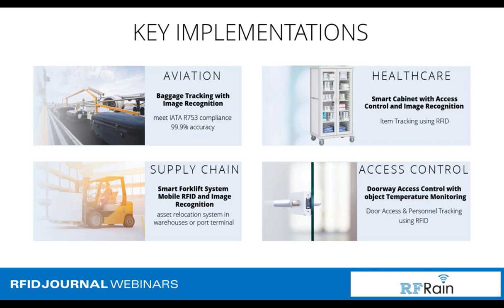So one of the interesting implementations is, say you have a warehouse that's 100,000 square feet or more, and you need to know where your assets are dropped or picked up by the forklift. And in certain cases, adding an active solution to track where your assets are in real time can be very costly.